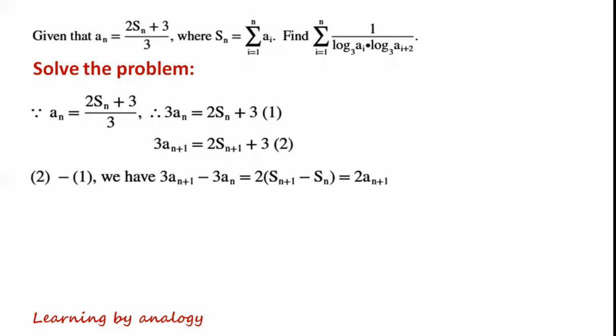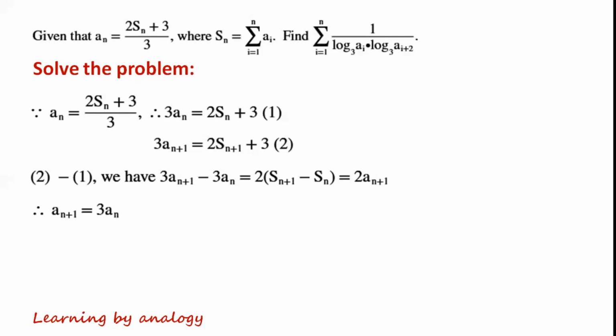We have 3a(n plus 1) minus 3an equals 2 times (S(n plus 1) minus Sn), which is equal to 2a(n plus 1).